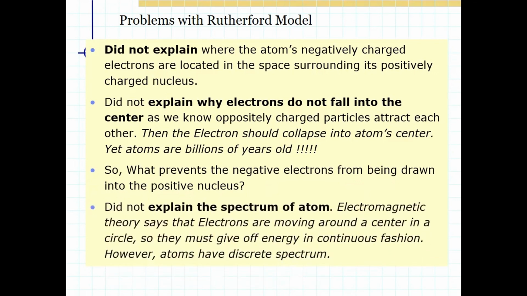It also never explained the spectrum of the atom. Electromagnetic theory says that electrons moving around a center in a circle must give off energy in a continuous fashion. However, atoms have a discrete spectrum. Whenever you measure a spectrum, you get discrete lines.